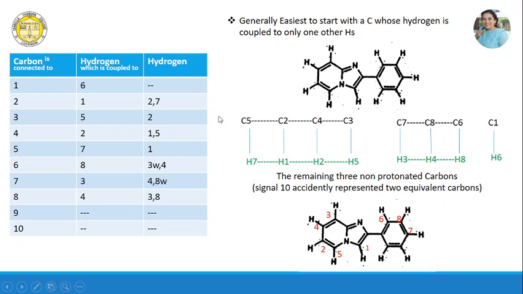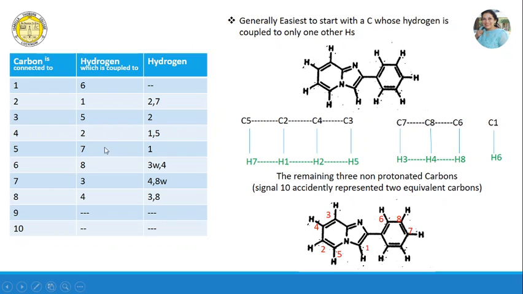Similarly here, we will look for those pieces wherein the carbon is attached to a hydrogen and that hydrogen is coupled to just one other hydrogen. Like in this case, this is the corner piece because this hydrogen is coupled to only one hydrogen. But this is a center piece because this hydrogen is coupled to 2 other hydrogens. This is a center piece. This is a corner piece. This is center, this is center, this is center.